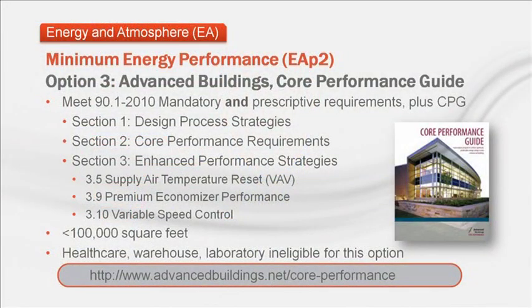Similar to the AEDG option, the mandatory and prescriptive requirements of 90.1-2010 must be met. Some general information about this guide is shown on the slide, but we won't get into any detail today on this document. For more information, you can check out the NBI website.